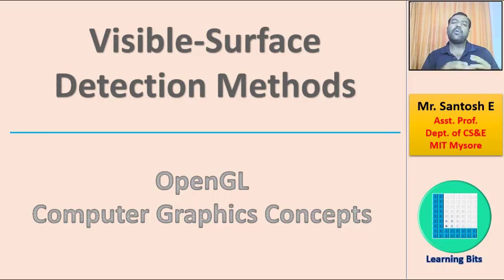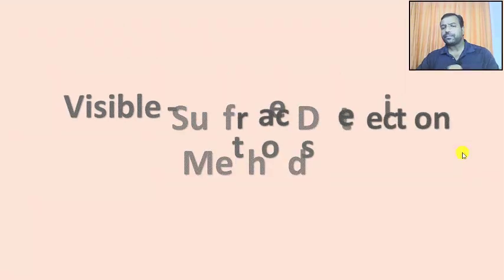If I want to take any action on the non-visible surface, first of all I should be able to detect which is the visible surface and which is a non-visible surface. Then later on I can think about what I'm going to do with this. That is what we're now going to discuss: the visible surface detection methods.